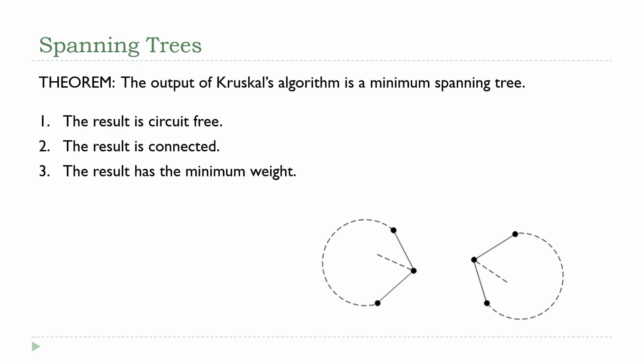To see that the result is connected, let T be the subgraph produced from G by the algorithm, right? And let G1 and G2 be two disjoint connected components of T, like what I've got in the diagram here. Since the original graph is connected, there must be a path in G between any 2 points in those components.